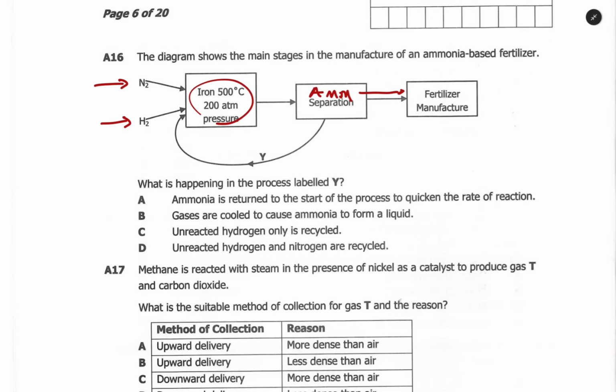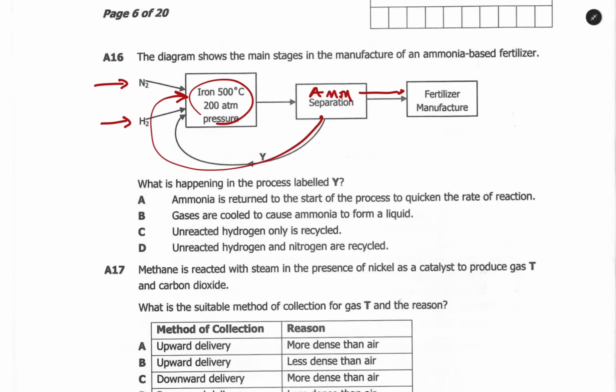So in other words, not all compressed nitrogen and hydrogen convert to ammonia, but some of it remains, and it is taken back to the converter chamber so that it can be converted to ammonia. So here we have where insoluble unreacted hydrogen and nitrogen are being recycled. I guess you get the thing here, okay? And the diagram is not confusing.